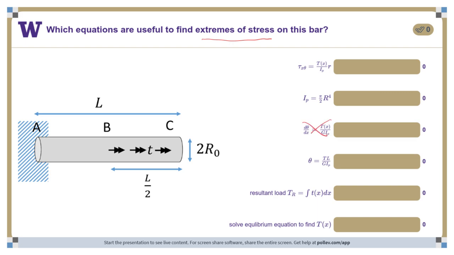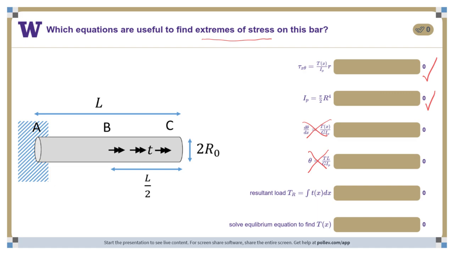This one doesn't help and this one doesn't help because those are for the twist angle. So instead, we definitely need the equation for stress as a function of internal torque, polar moment of inertia, and R. And that means, of course, we also need the equation for the polar moment of inertia.